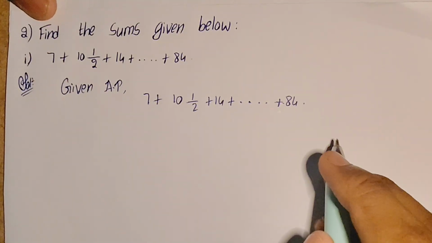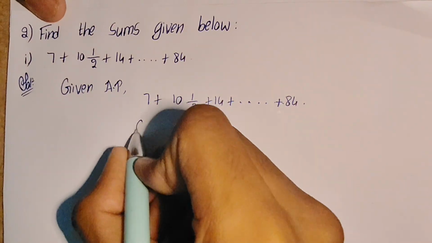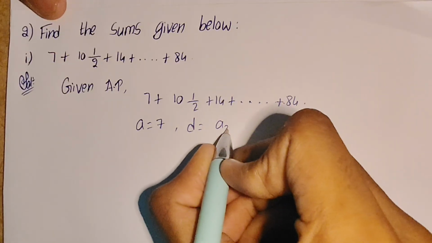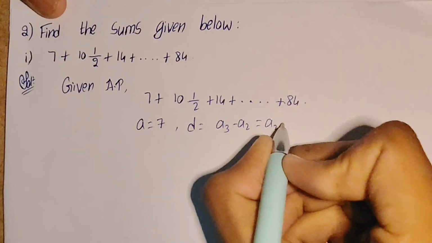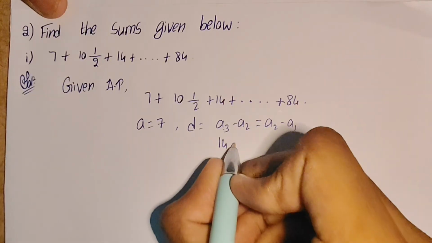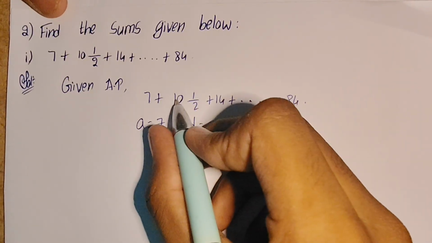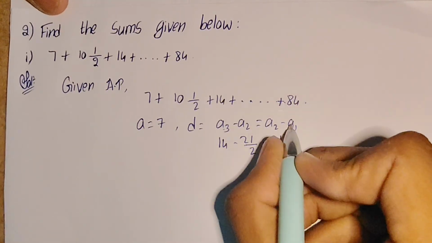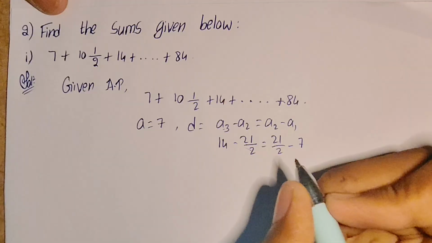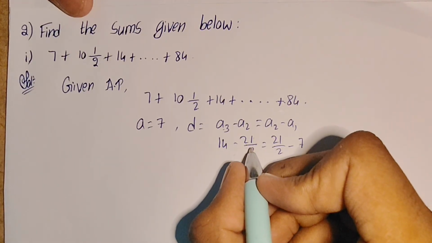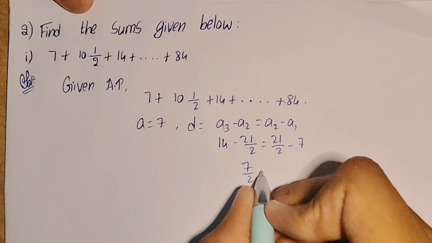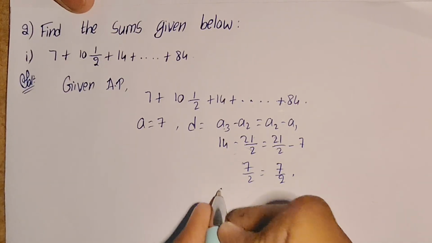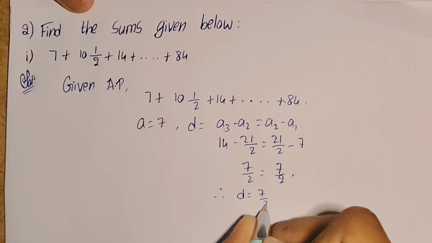By this one I am taking the value of a is equal to 7, means the first term, and d is equal to a3 minus a2, which should be equal to a2 minus a1. a3 is 14 minus a2 is 10 and a half, means 2 tens are 20 plus 1, 21 by 2, is equal to 21 by 2 minus a1 is 7. 2 14s are 28 minus 21, 7. So 7 by 2 is equal to, 2 sevens are 14, 21 minus 14, 7 by 2. So both are equal. Therefore, d is equal to 7 by 2.